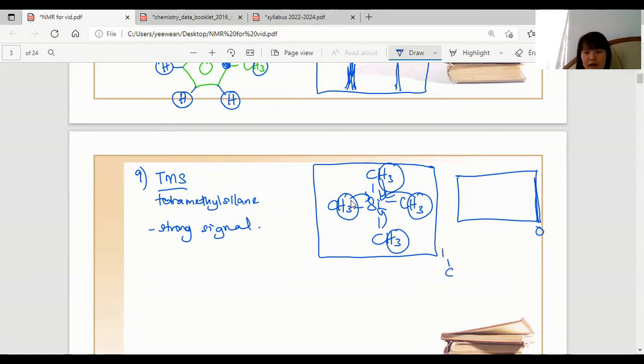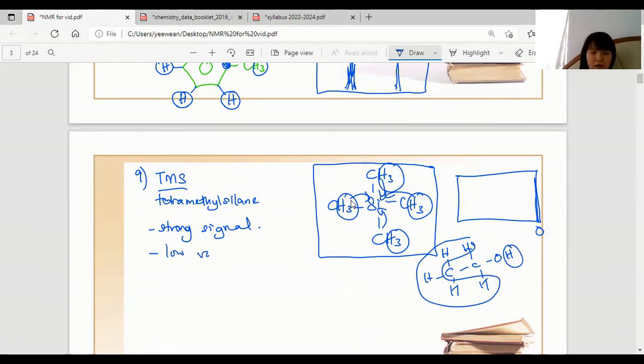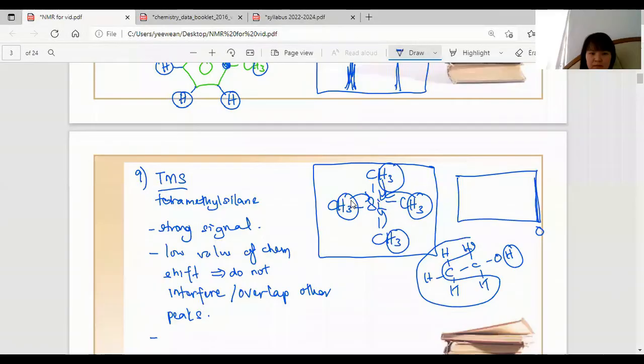So if we have something like ethanol just now, the chemical shift of TMS will not disrupt any of the chemical shifts here. So it has a low value of chemical shift, and it does not interfere with the peaks that we are interested in. And the other reason would be because it's not toxic. And also it's inert, it doesn't react with your organic compounds.